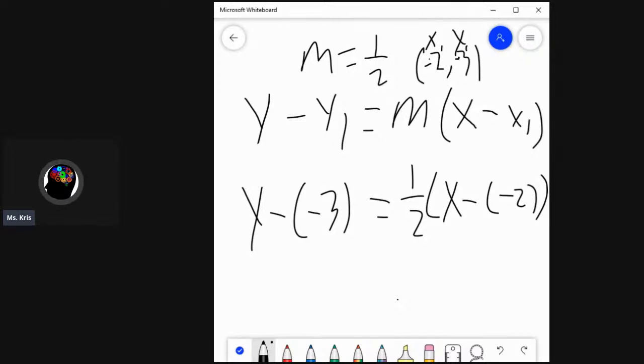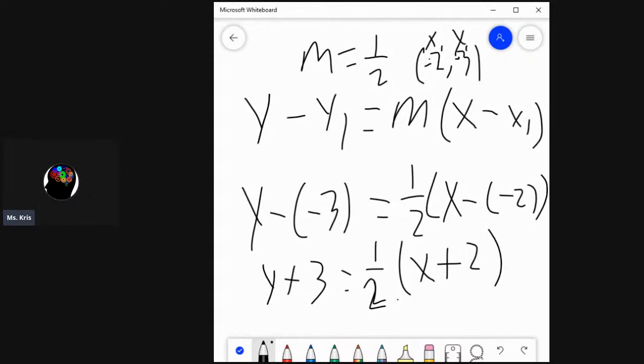So then, of course, negative and negative makes positive, equals 1/2 x, and negative and negative still makes it positive, plus 2. So just in case one of your points is negative, you must put parentheses around your negative number and change them to positive when putting it in point slope form.